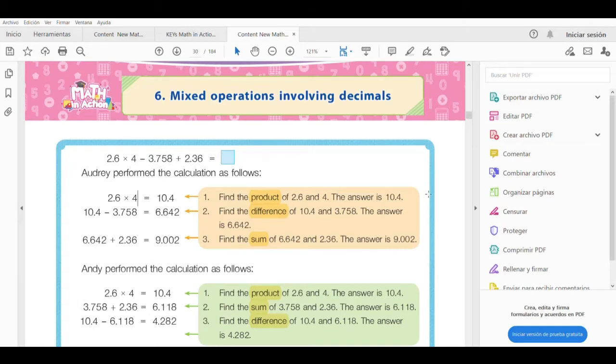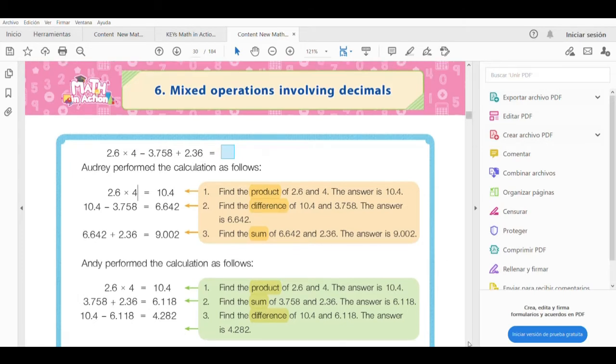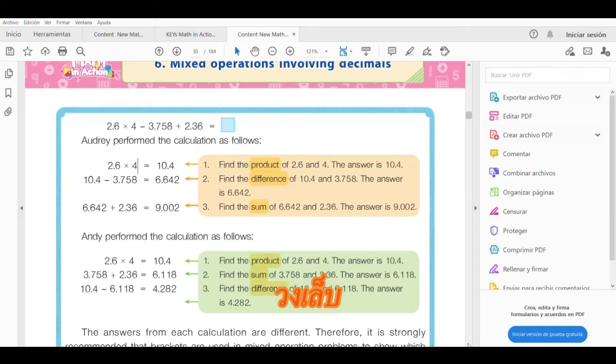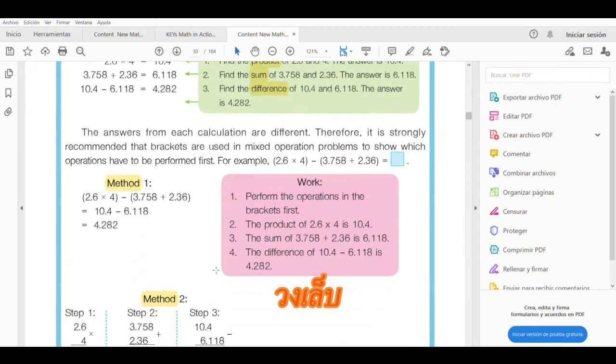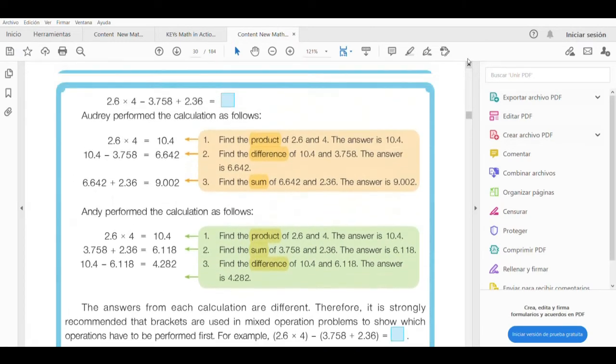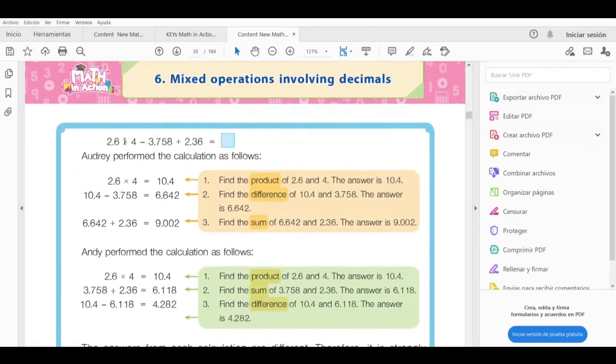So, here we have the way to answer. We have to use brackets. Do you remember what a bracket is? Here we have to use brackets to split the different operations in the number sentence. So for example, here we have 2.6 multiplied by 4.